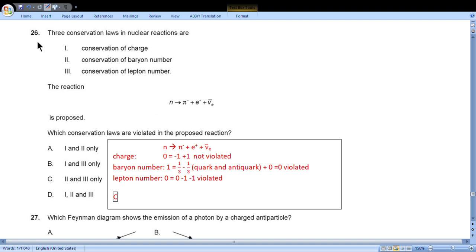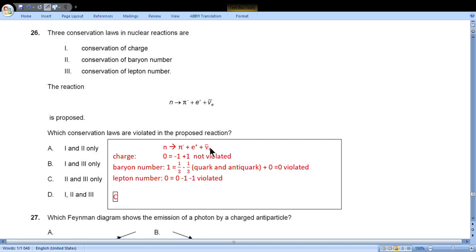Question 26. Three conservation laws in nuclear reactions are conservation of charge, conservation of baryon number, and conservation of lepton number. The reaction neutron turns into pion minus plus positron plus antineutrino is proposed. Which conservation laws are violated in the proposed reaction? Charge: neutron 0, pion minus is minus 1, positron plus 1, antineutrino no charge, so not violated, 0 equals 0.